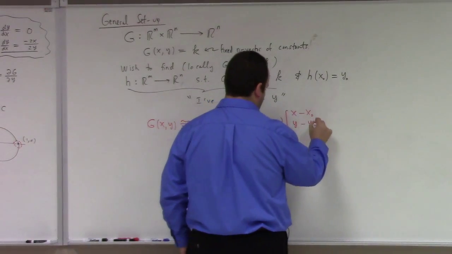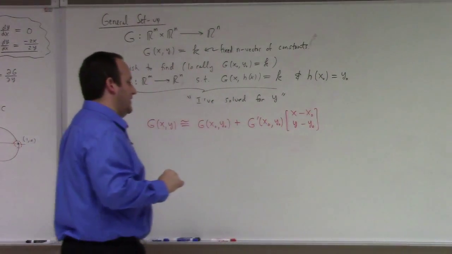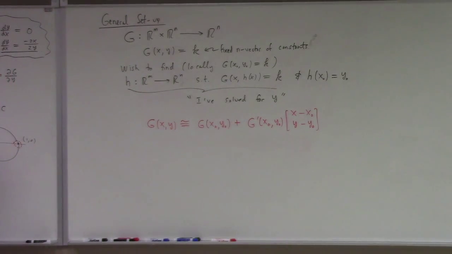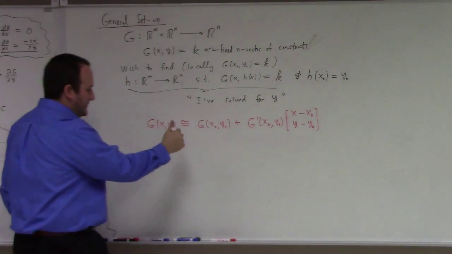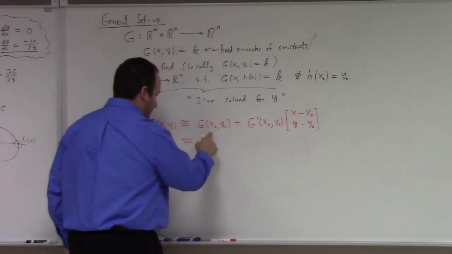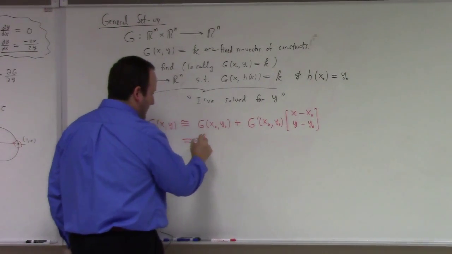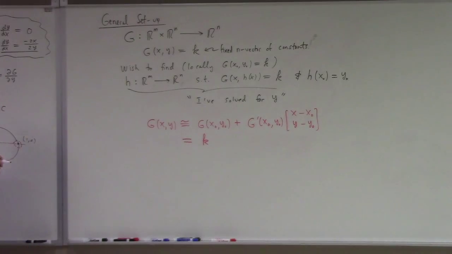Now this is kind of a funny notation. That's an m plus n vector. The m x's are at the top, the n y's at the bottom, right? Now, what is this g of x naught, y naught? It's just equal to the k, right? We're assuming that that's a solution.